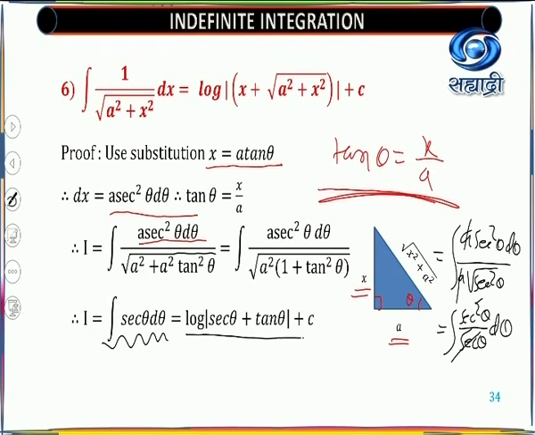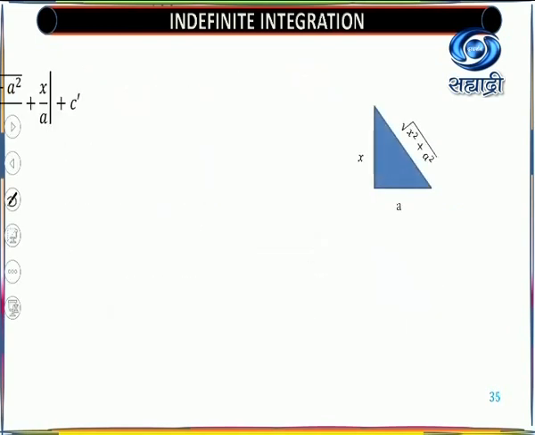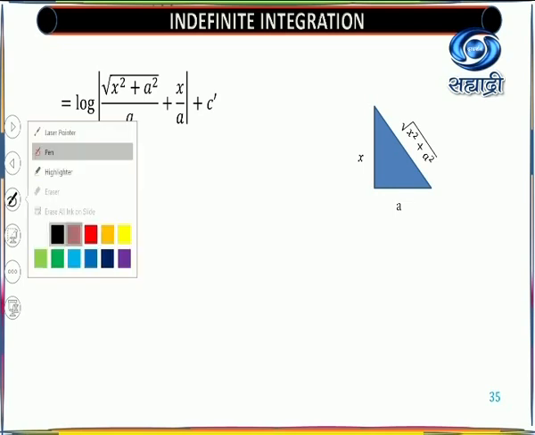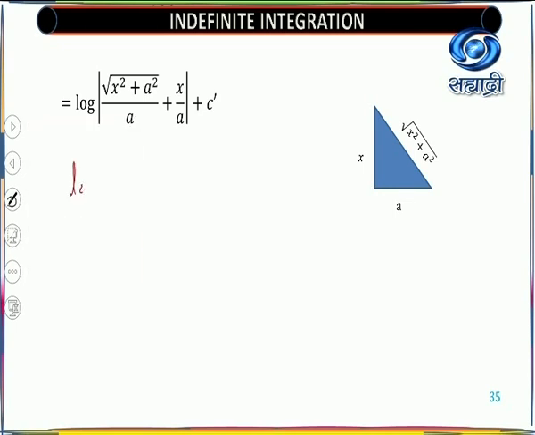Now for substitution, either use the right angle triangle, or convert tan theta into sec theta. So that gives you log of mod of root of x square plus a square upon a plus x upon a plus c dash. Now look here. What value did you get? You got log of mod of sec theta plus tan theta.